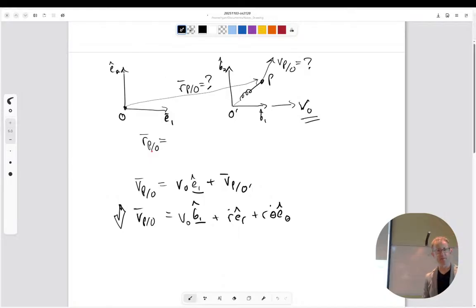Does that help us with P, with the position? Position of P? If we're moving 10 meters per second, how far did we go in 1 second? 10 meters.